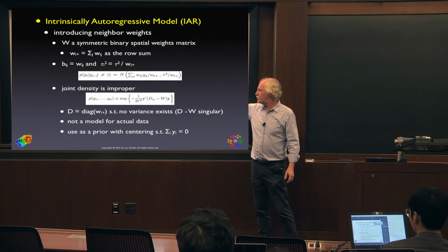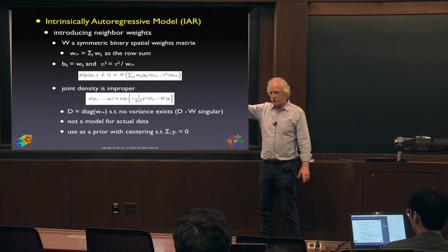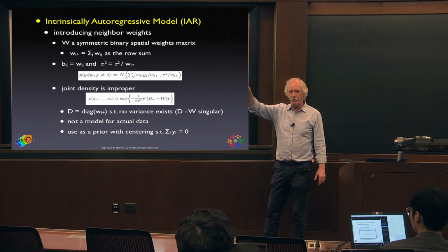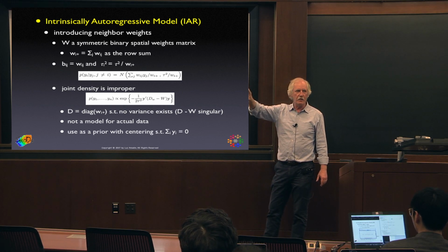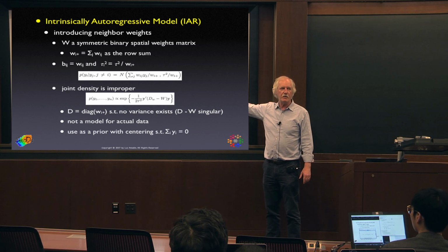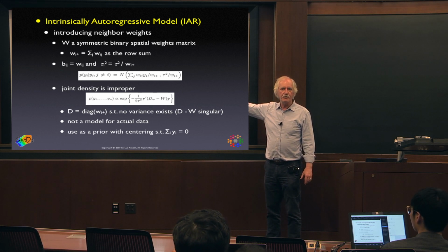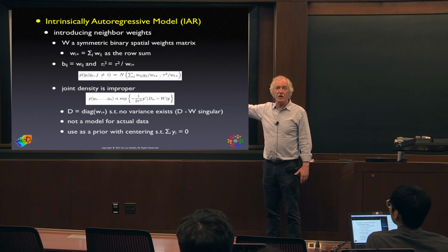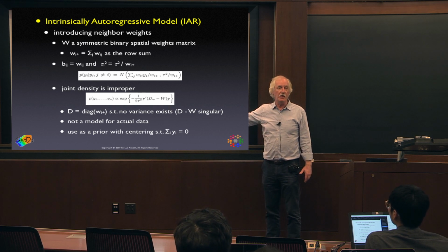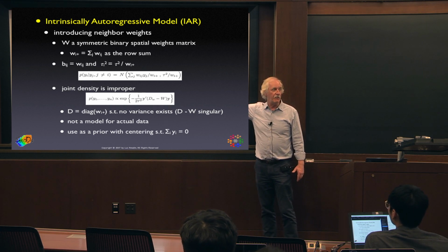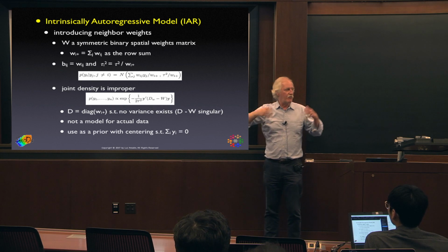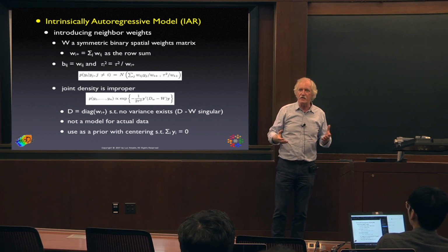So the inverse variance, because in a normal distribution, it's y prime sigma inverse y, right? So this part in the middle is sigma inverse. So you have sigma inverse, but you don't have sigma, because sigma is the inverse of this. So the actual variance-covariance matrix doesn't exist.